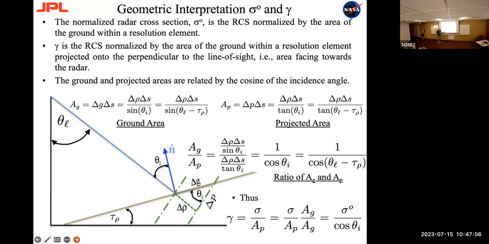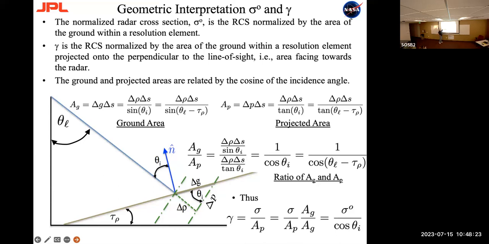So tau sub rho here is going to be the slope in the cross-track direction. If I'm looking this way and I have a slope that's facing toward the radar, that will be a positive slope. And if I have a slope facing away from the radar, that'll be a negative slope. That's the sign convention. And what you see then is that the area, delta S, will be the resolution in the along-track direction.